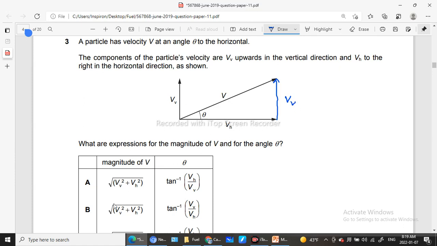And the magnitude is this choice or that. But the tangent of this angle theta is the opposite over the adjacent, VV over VH. So this is the right choice.